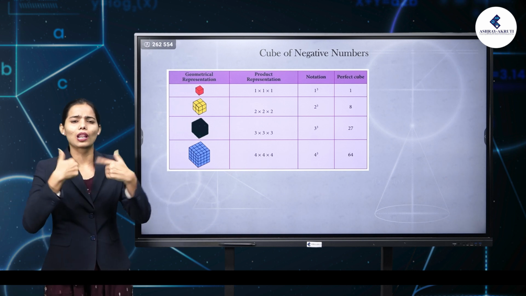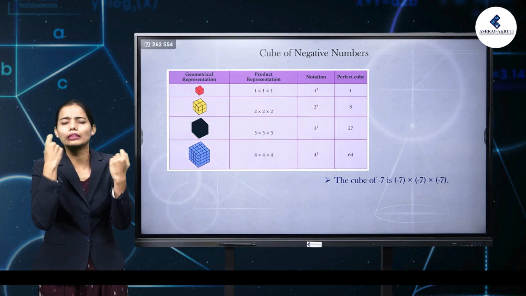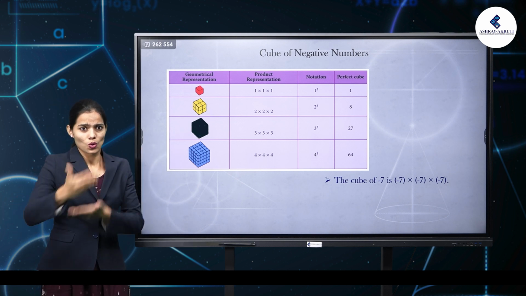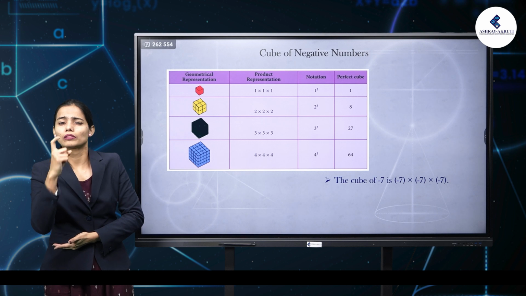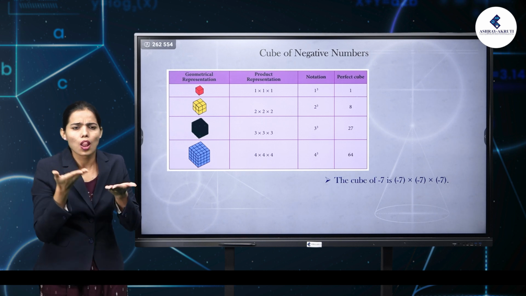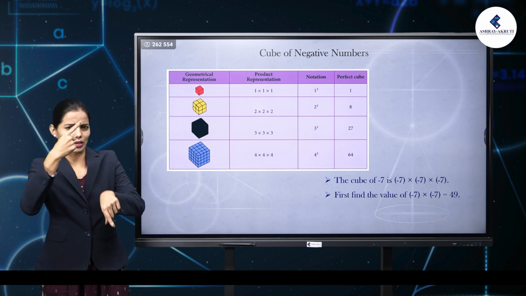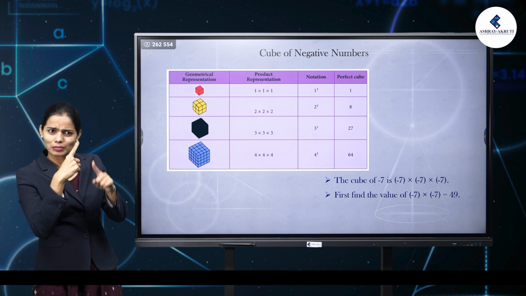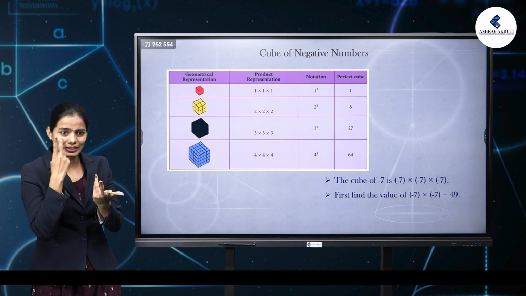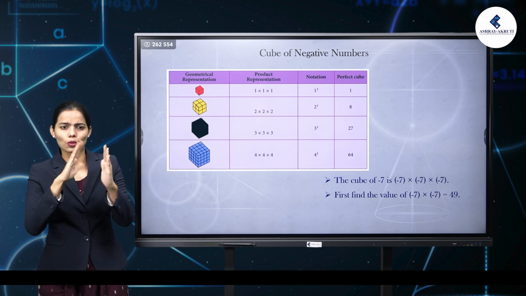For example, let's try finding the cube of minus 7. We know that the cube of minus 7 is minus 7 into minus 7 into minus 7. Now, to find the cube of minus 7, we will first find the value of minus 7 into minus 7. This value is equal to 49.